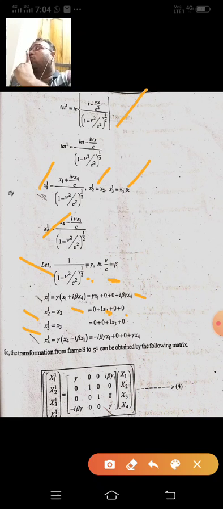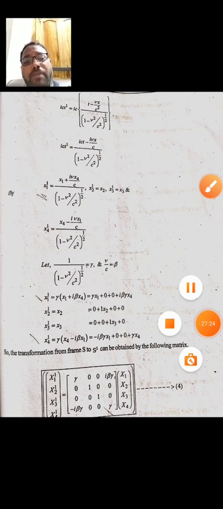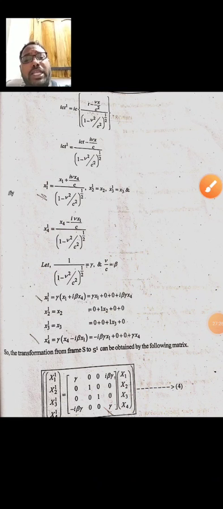x4' equals gamma into x4 minus i beta x1, that is minus i beta x1 plus 0, 0, plus gamma x4.